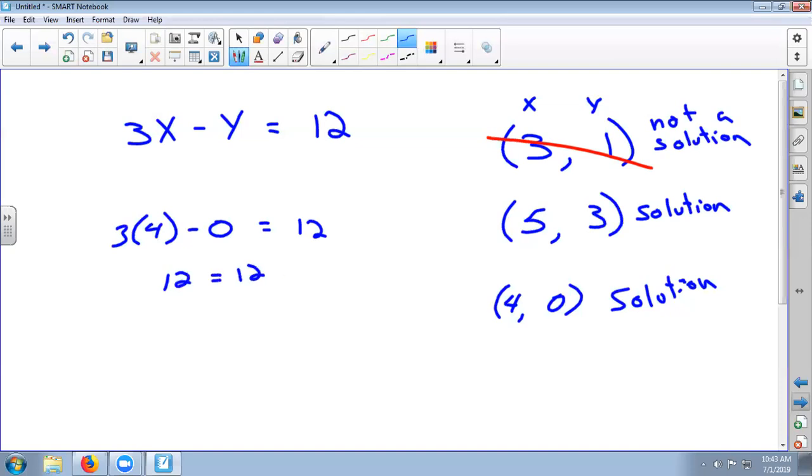Oh, yeah, (4, 0) is a solution. That's great. We're good with that. How about (2, -3)? How about (2, -3)?